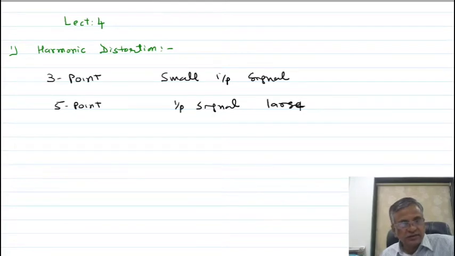And in a power amplifier, the transistor is driven over the two extreme points of the load line. This means the transistor is operated between two extreme points, that is, the saturation and cutoff points of the load line. As a result, the 5-point method is used to calculate the harmonic distortion.